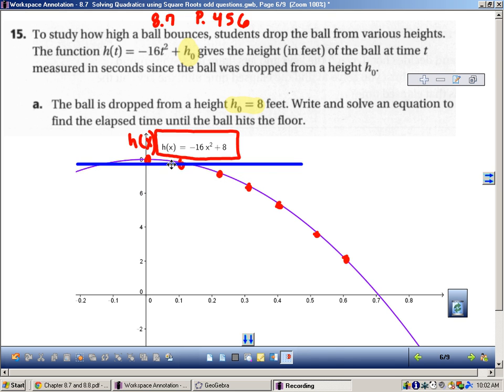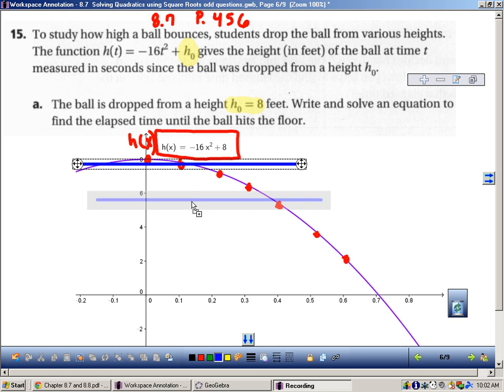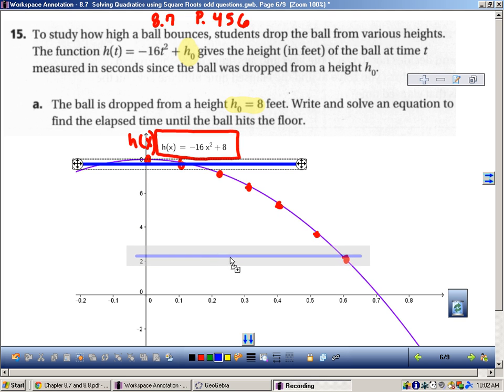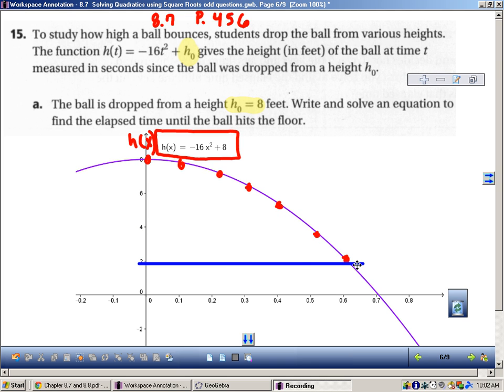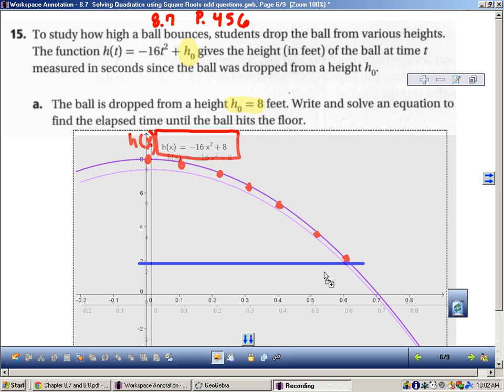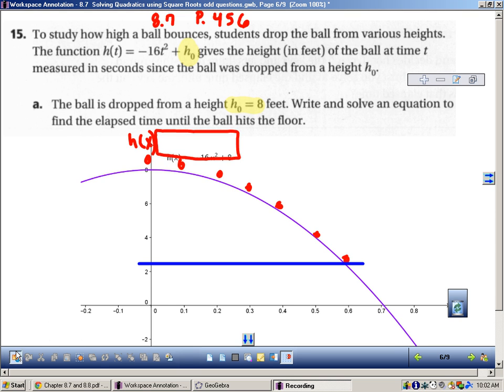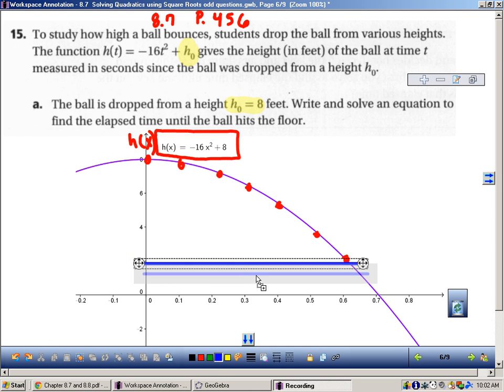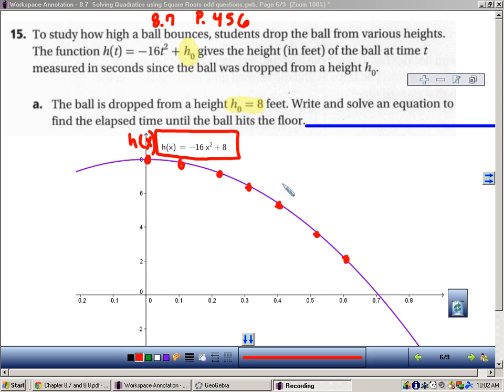Where the horizontal line intersects the parabola tells you the height of the ball at a given time. Now, eventually the ball is going to hit the ground, right? At what time? Well, the x-axis is the time, and so the ball will hit the ground right there. Looks like slightly beyond 0.7 seconds.